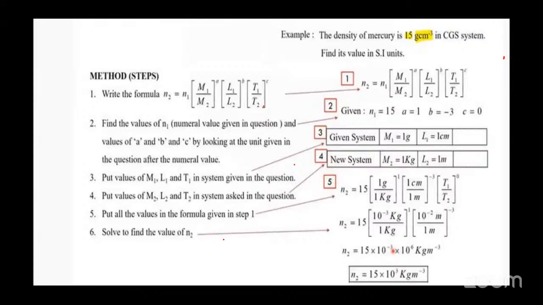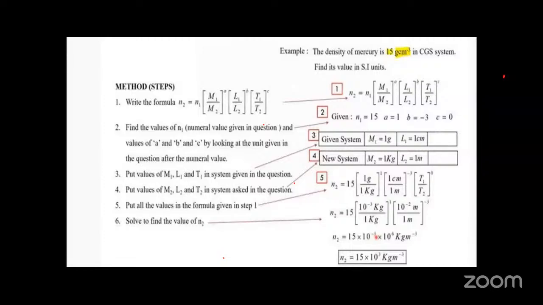The next step is to put all the values in the formula we have in step 1. So 15 for N1, we substitute that. Then gram for M1, kg for M2, cm for L1, meter for L2.